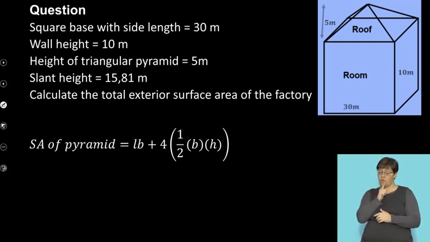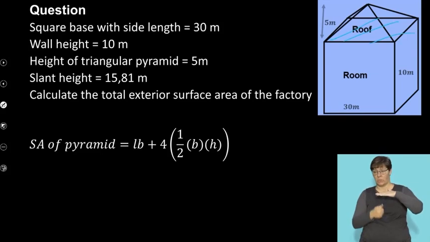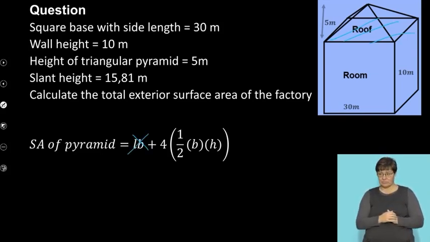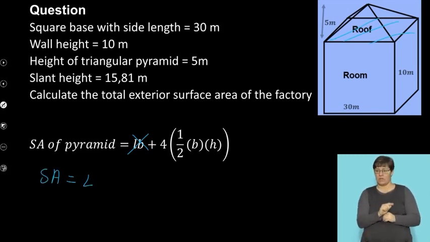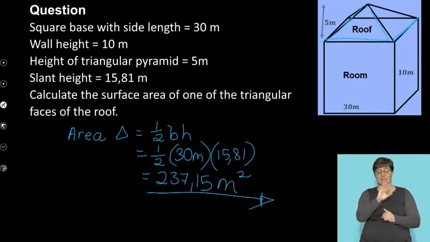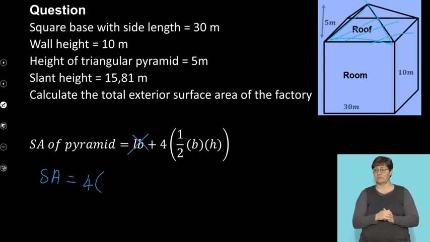However, I've been told that the roof is open, so I'm not actually going to need the base in this calculation. So the surface area of the factory is going to be 4 times the areas of the triangles. So we worked out what the area of one of the triangles is, and we can steal that from the previous slide. So it's 237,15.